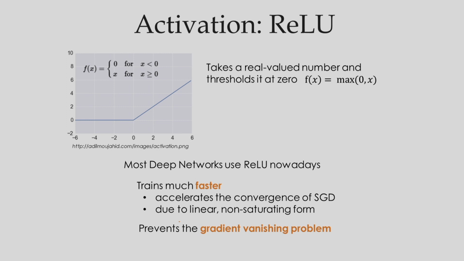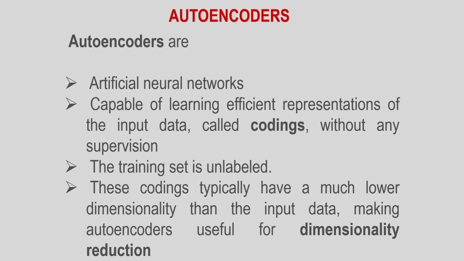Now I will discuss the concept of autoencoders. So what are autoencoders? Autoencoders are artificial neural networks. An autoencoder neural network is an unsupervised machine learning algorithm that applies backpropagation, setting the target values to be equal to the inputs. Also, autoencoders are used to reduce the size of the inputs into smaller representations.